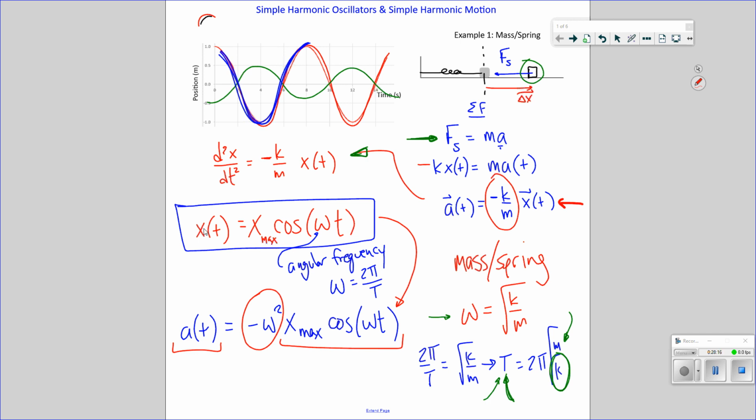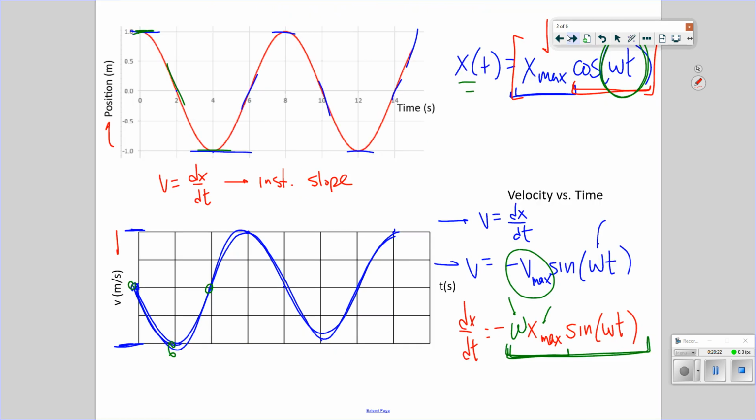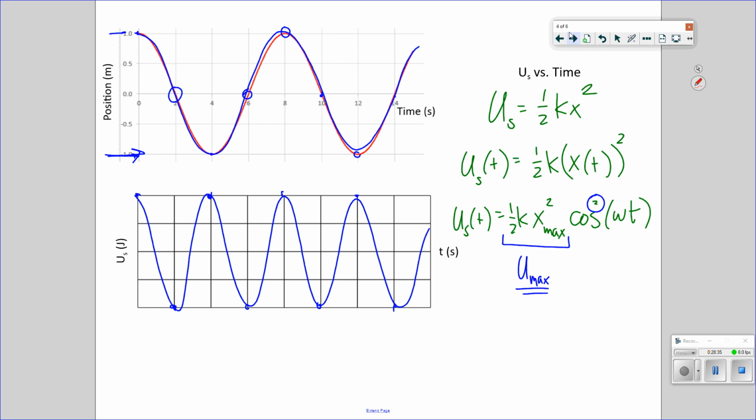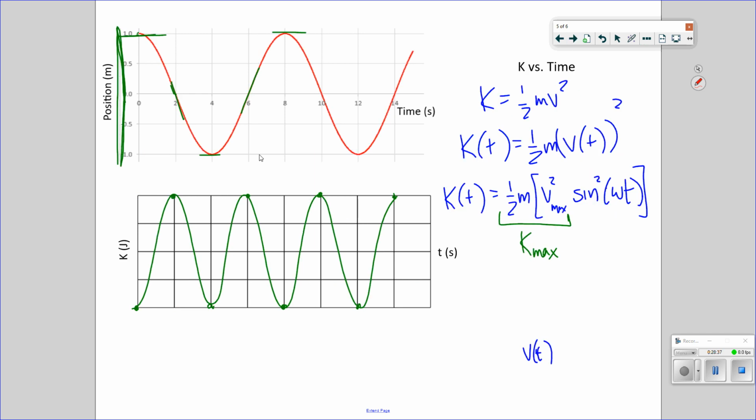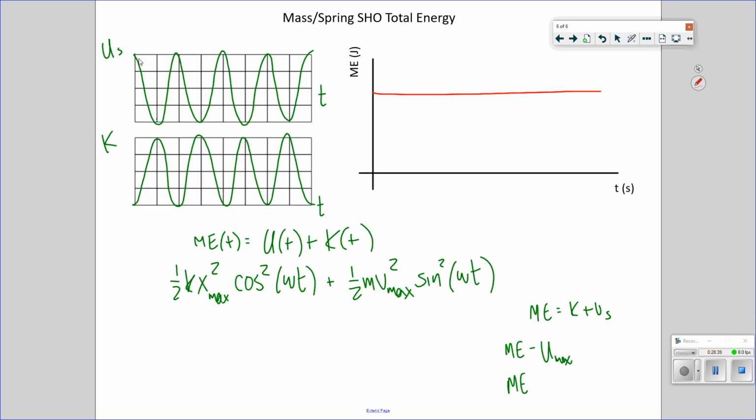We get an analogous set of solutions for position, velocity and acceleration, and the same energy result, not U spring and K, but U_G and K for a pendulum.